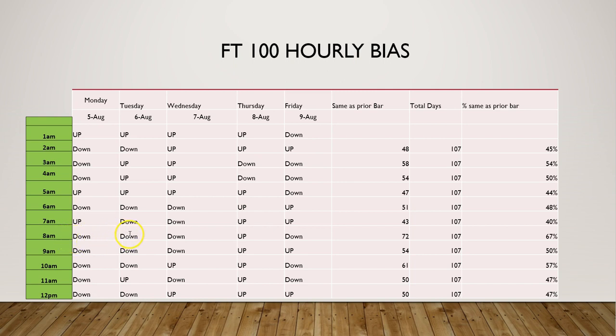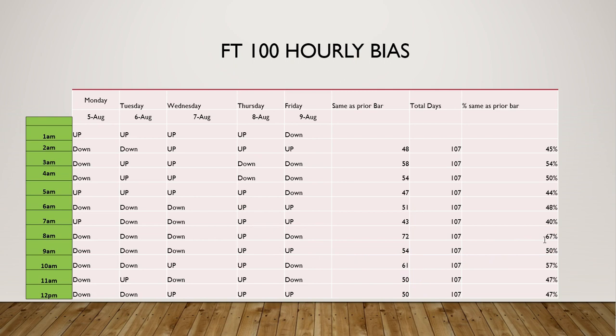Or if it's down, here's a good case in point: 7 a.m. was down, 8 a.m. was down, so these are the same. That's what I'm looking at. I'm asking myself, if I'm down on the 7 a.m., will I also be down on the 8 a.m.? Or if I'm up on the 7 a.m., will I be up on the 8 a.m.? And the answer is yes, close to 70% of the time.